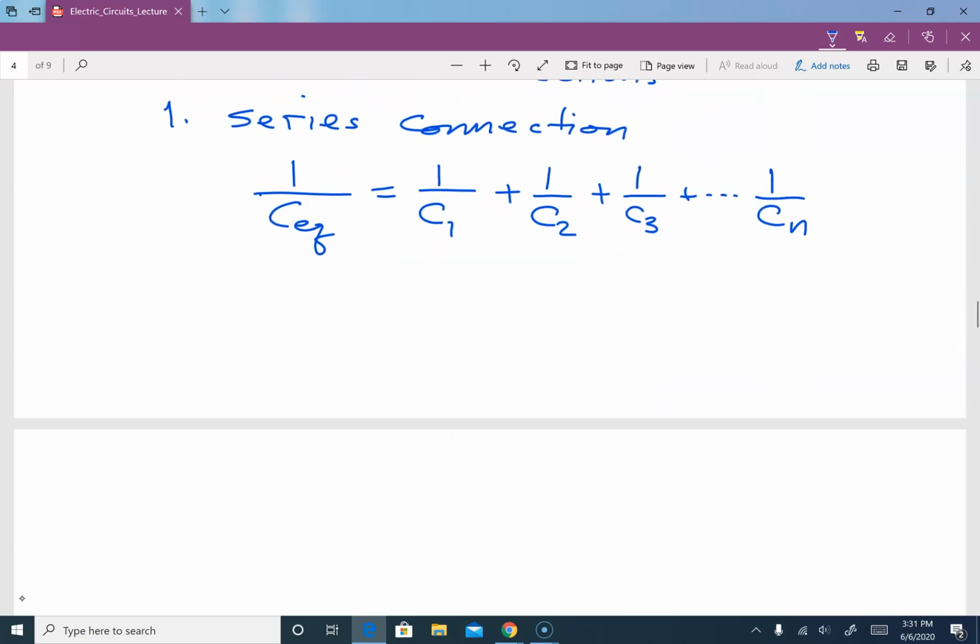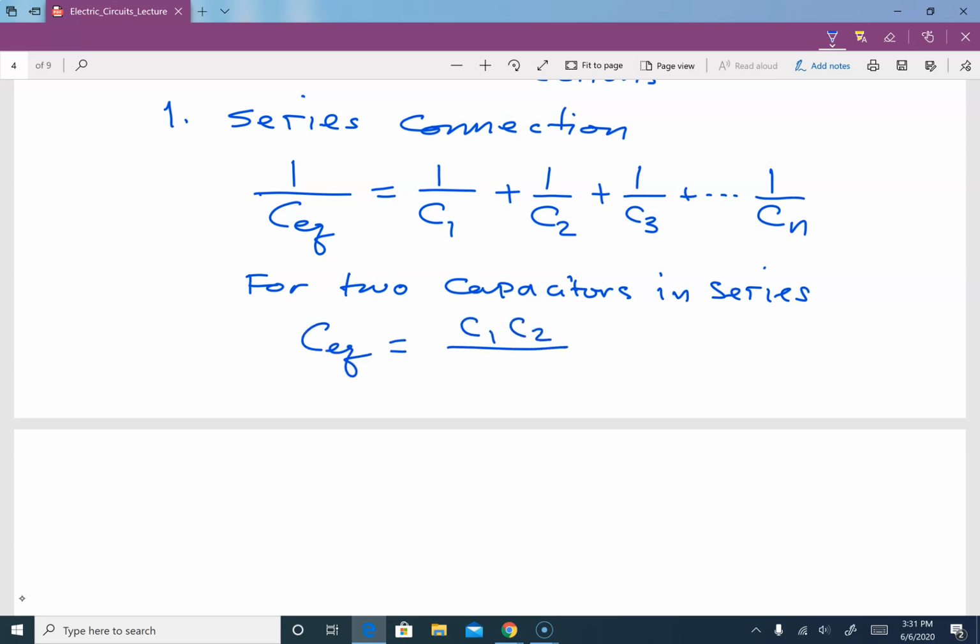And for two capacitors in series, we can find our equivalent as C1 C2 over C1 plus C2.